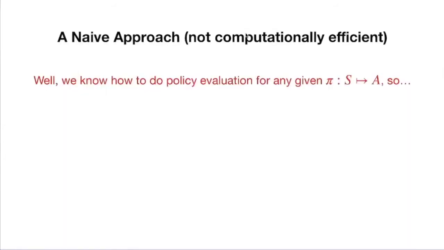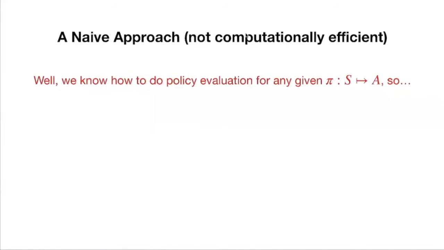Right, so let's talk about a very naive algorithm, right? So this is going to use what we covered from Tuesday's lecture. So in Tuesday's lecture, we know that we can actually do policy evaluation for any given policy, right? We've already designed an algorithm that does that for us.